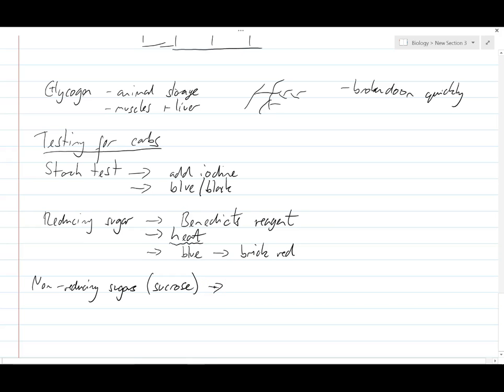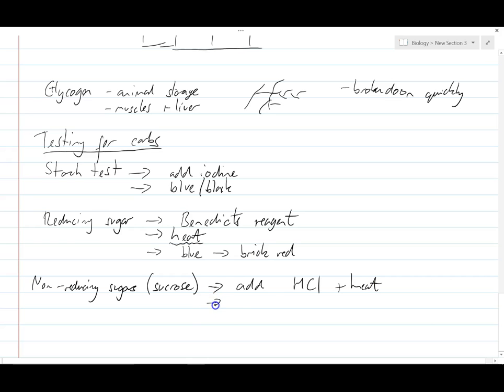So what you have to do is you have to add acid. Okay, you have to add acid. What that does, that breaks down the bonds in between the sucrose molecule. You have to heat it as well. So you add acid and heat. That breaks down the glycosidic bond.